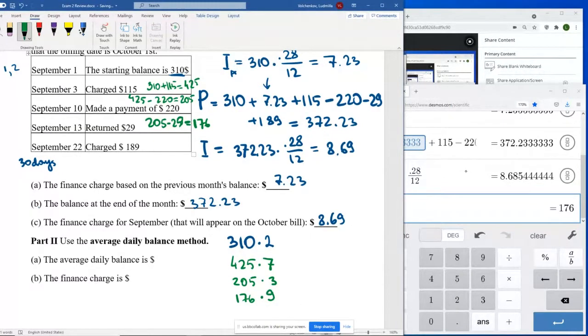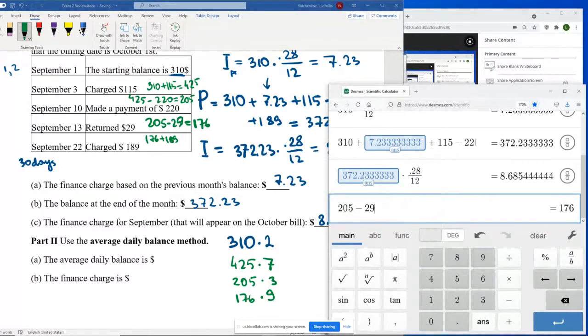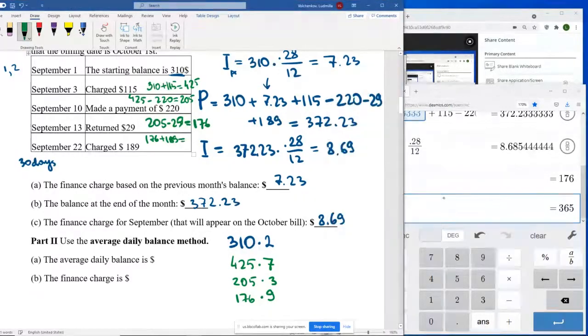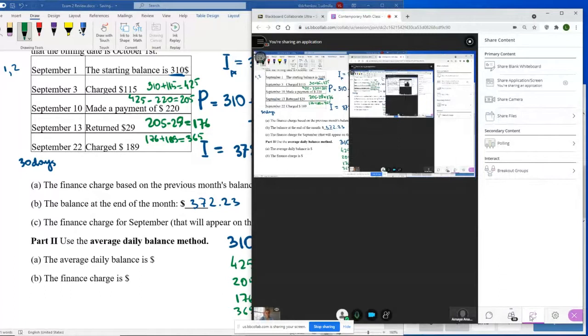And the last balance, 176 plus 189, is 365. The last balance was 365, and the question is for how many days was this balance?